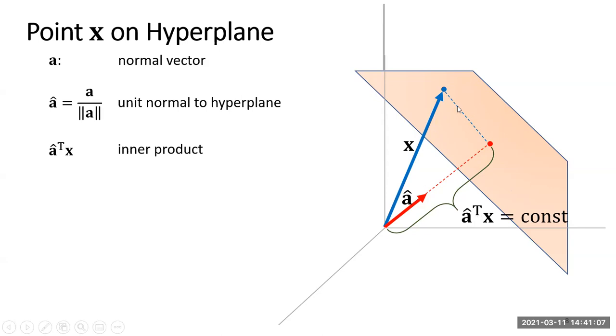A hat transpose X, which is a projection of X along this direction, A hat, will be a constant. All these points with A hat transpose X equals constant will lie on the same hyperplane.